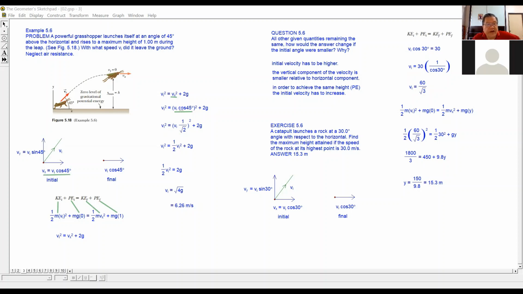So I change this vx to vi cos 45 and the whole thing squared. Cos 45 degrees is actually 1 over root 2.